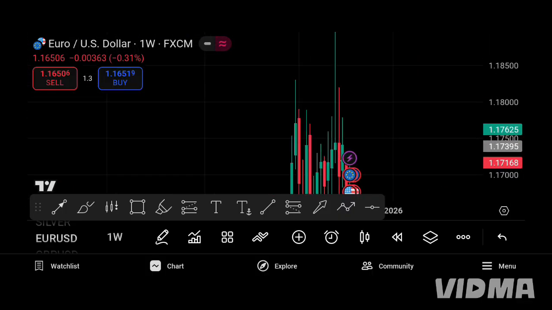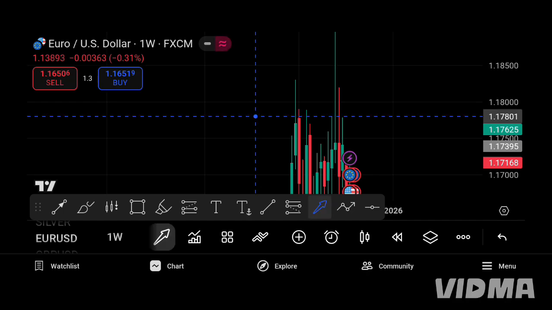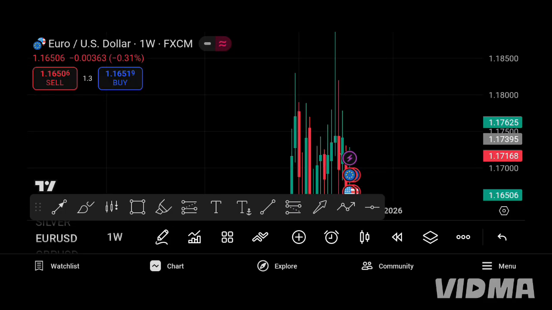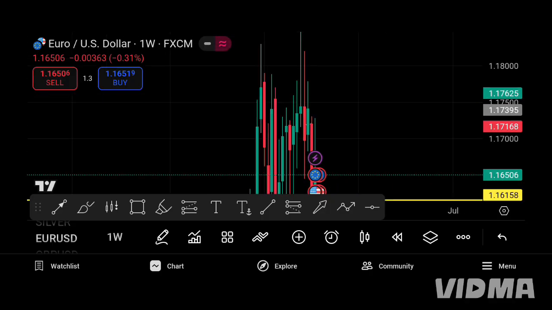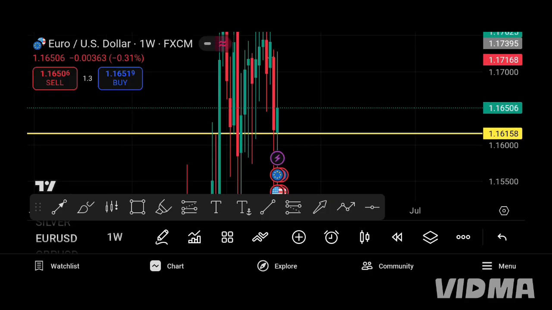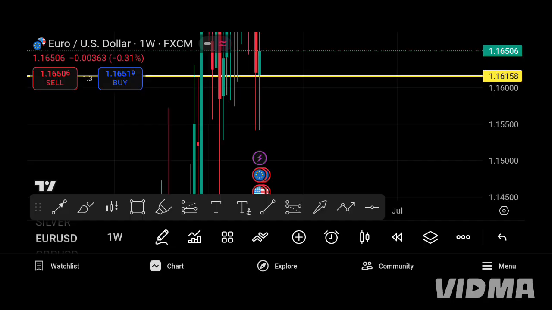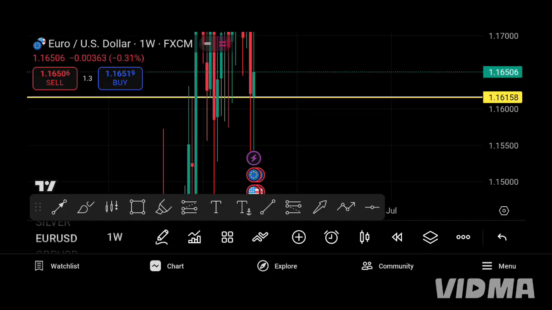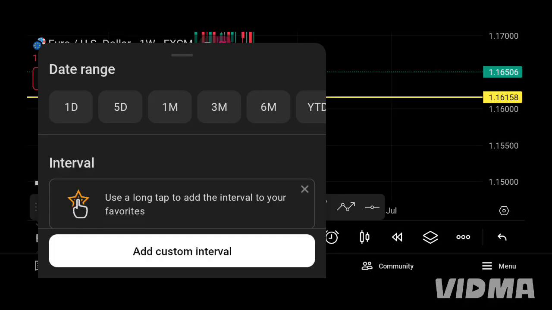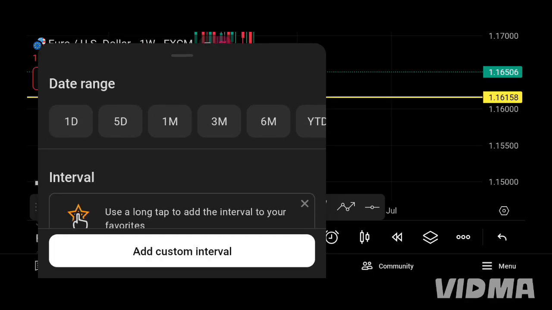You can see here it also broke up. Now it has been somehow retesting the demand zones and taking out liquidity one way or the other. So let us go down to the daily time frame and see.